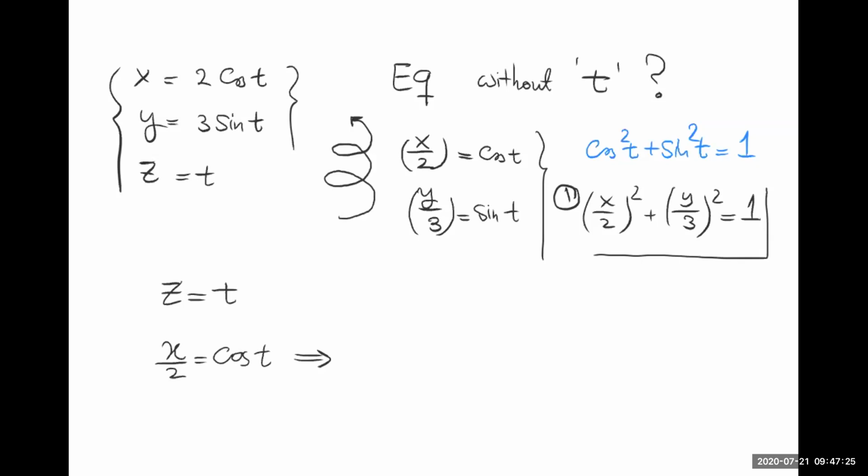It's maybe a little advanced to talk about it now, but at least locally, if I don't want to go all around the helix, in a small length of the helix, I can write down t as arc cosine of x over 2, right? Now z is equal to t, therefore z is equal to arc cosine of x over 2.